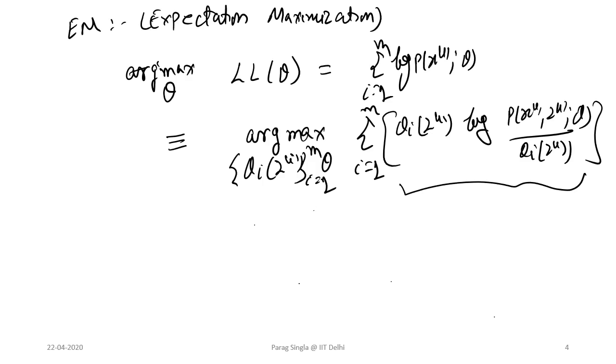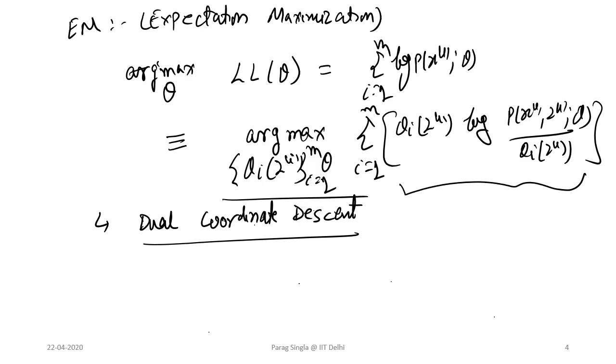You optimize with respect to Q_i(z_i) for all i given the theta, and once you know the Q_i(z_i), you optimize with respect to theta. So you go back and forth, and this essentially is an algorithm called dual coordinate descent, and I will talk about it in a minute.